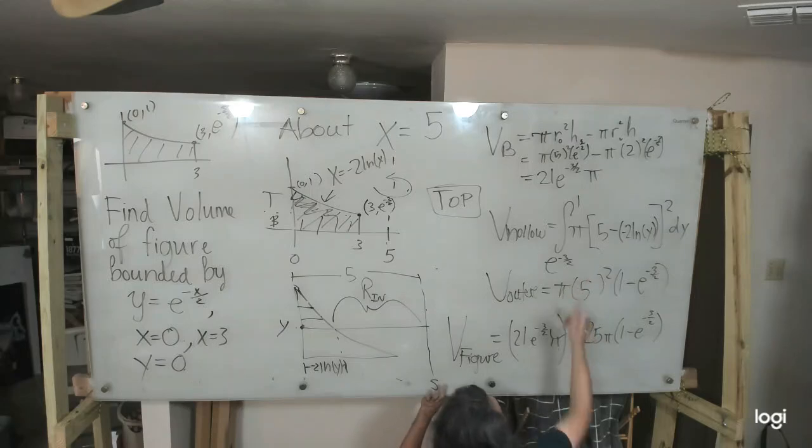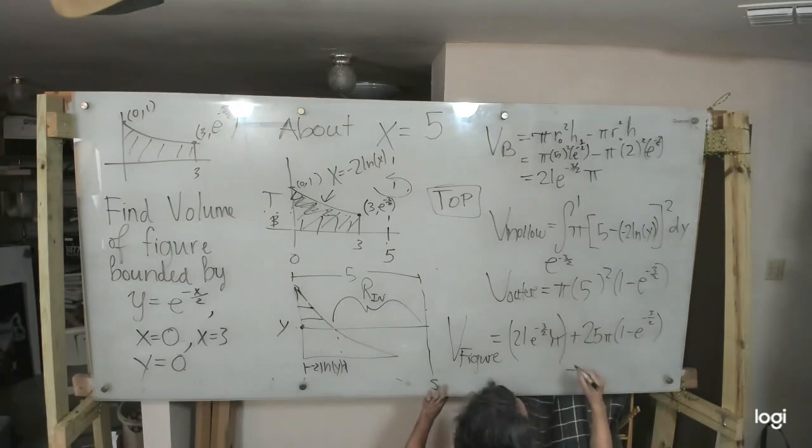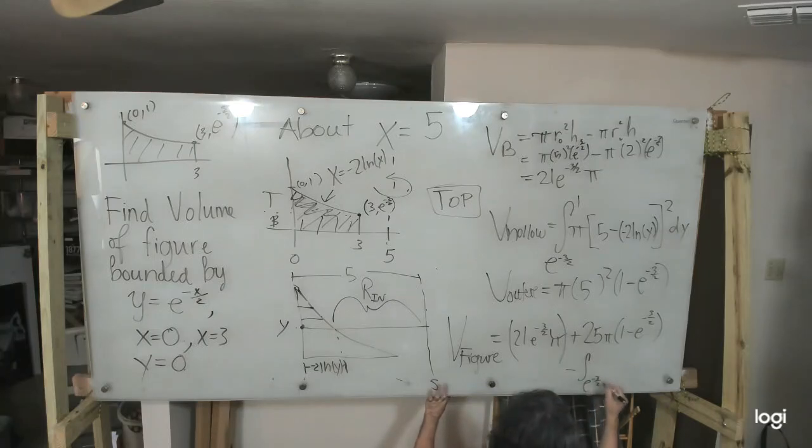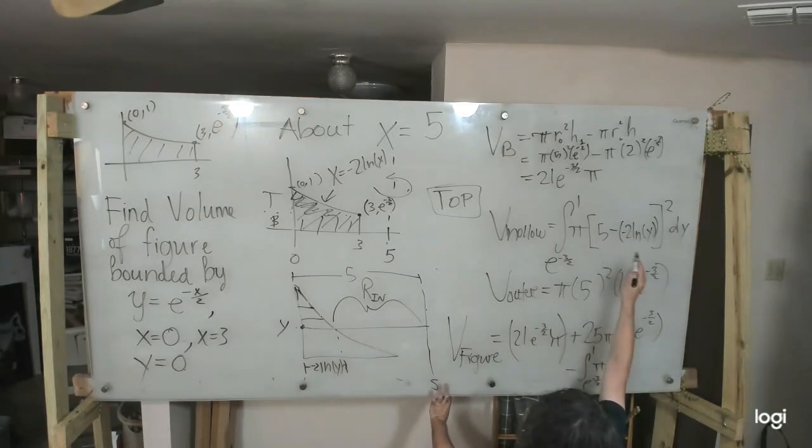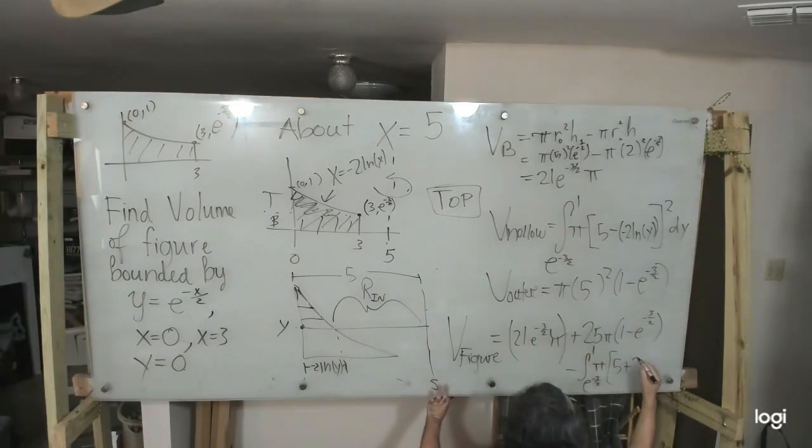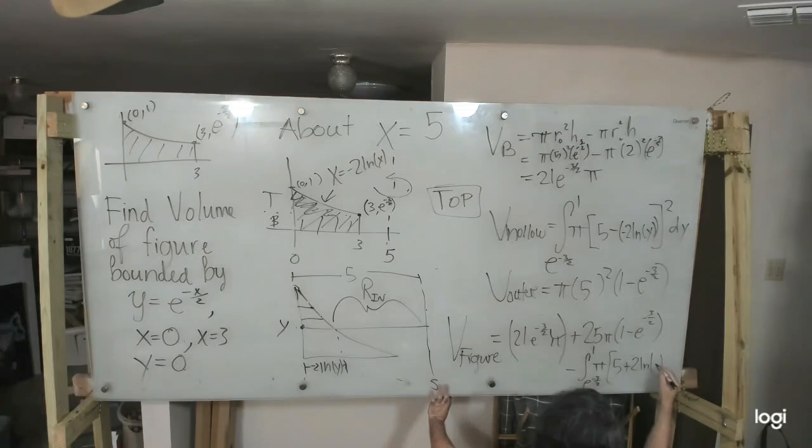And then minus the volume of the hollow for the top, which is this integral from e to the negative 3 over 2 to 1 times pi. Now this 5 minus minus becomes 5 plus 2 ln of y, and then squared dy.